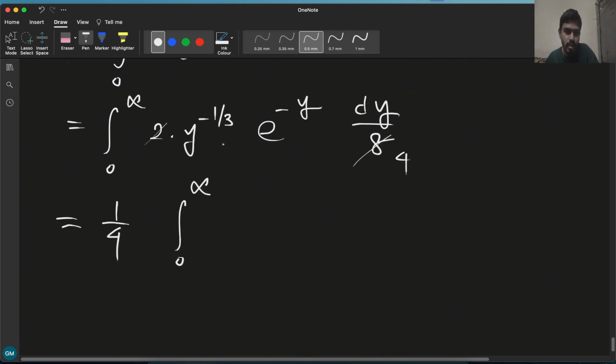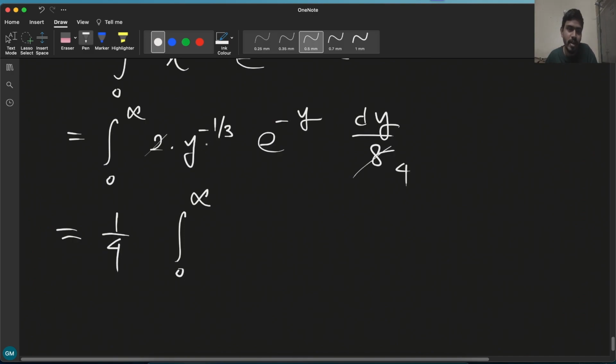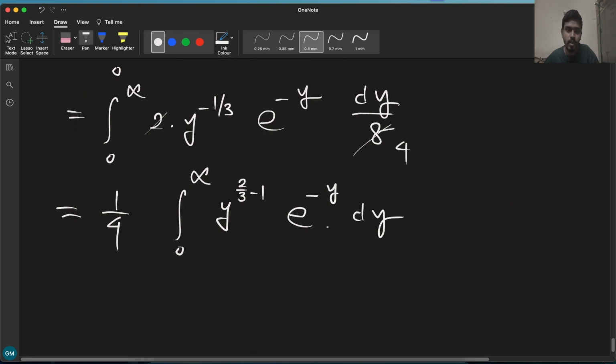Here the variable is y, so this y to the power minus 1 by 3, I can write as y to the power 2 by 3 minus 1, and it will be e to the power minus y dy.